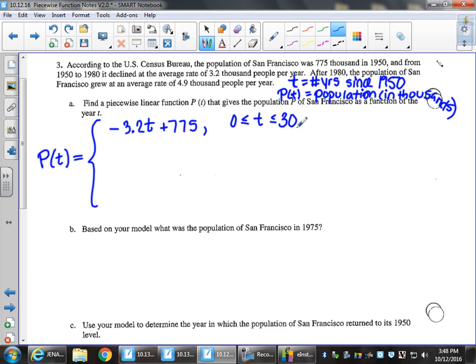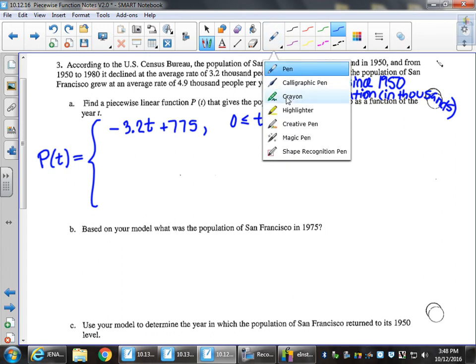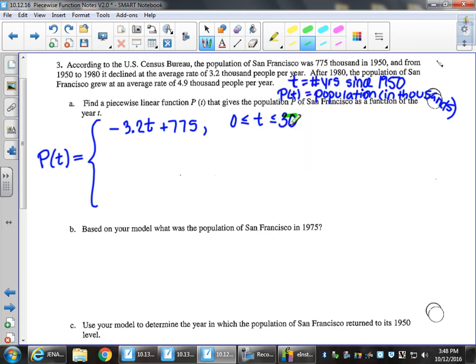Fantastic. How do I make the connection to the next expression? We are going to take 30 and substitute 30 into this expression. So that will be P of 30 equals negative 3.2 times 30 plus 775.